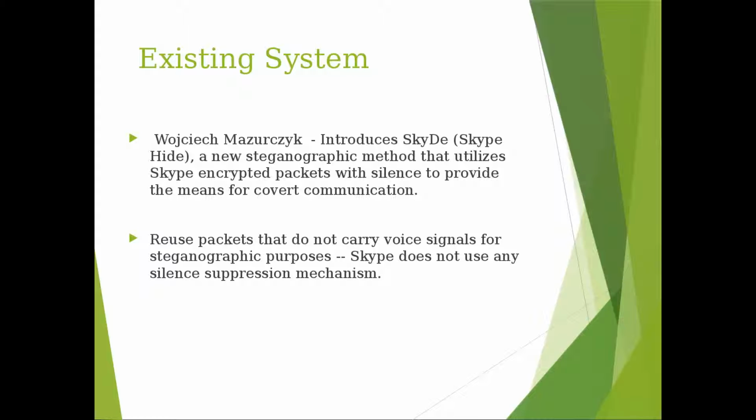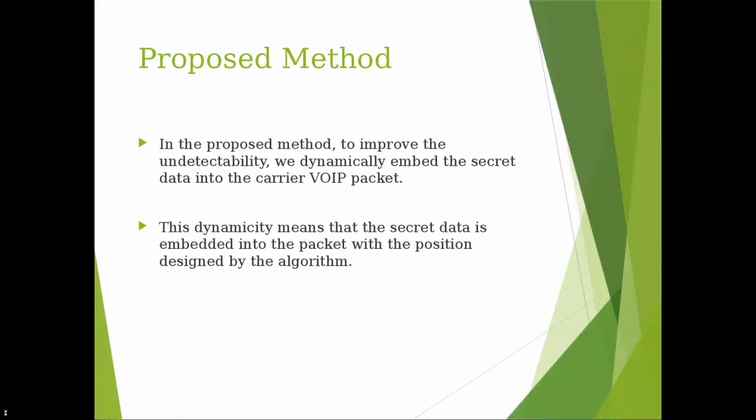One important feature of Skype that allows us to implement VoIP steganography here is that Skype does not use any silence suppression mechanism. That means if the sender and the receiver are not talking, the silence packets still go between them, and you can make use of those silence packets to embed your secret information in transmission from sender to receiver.